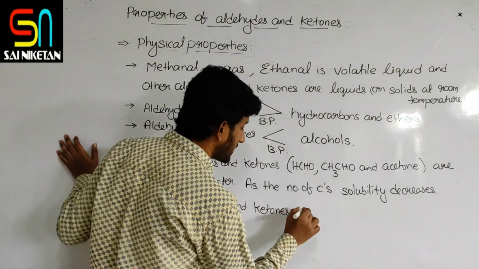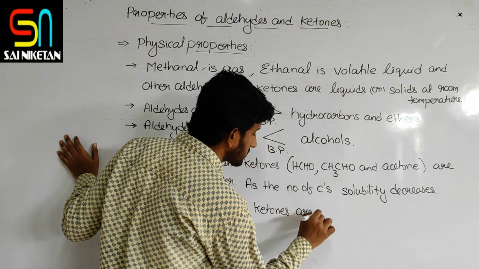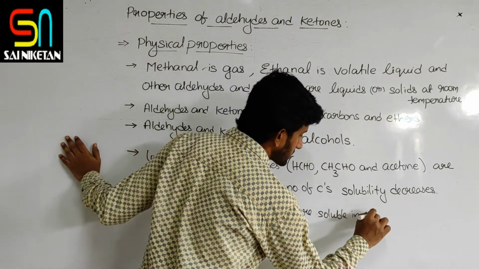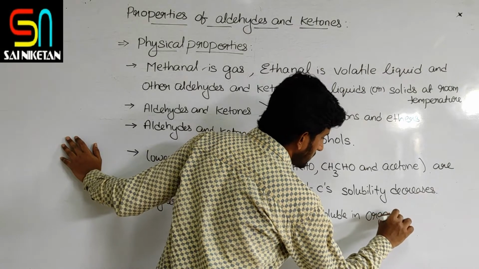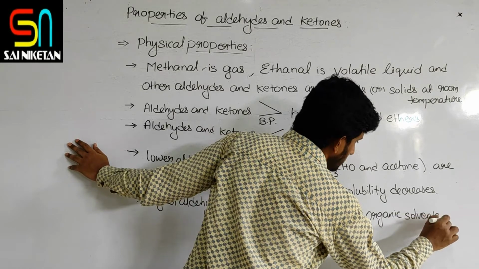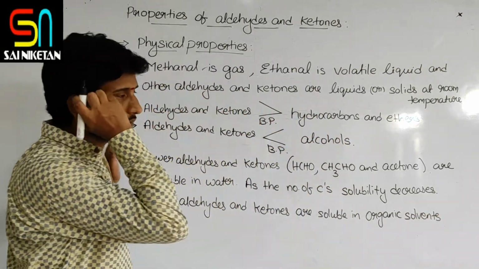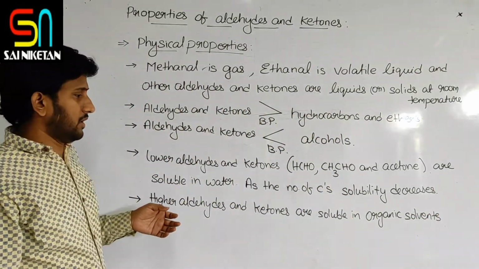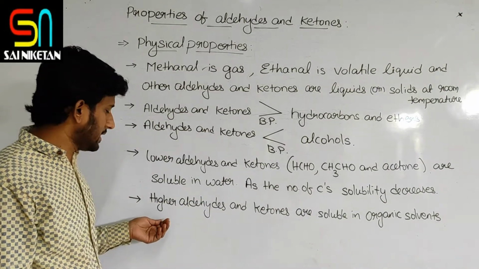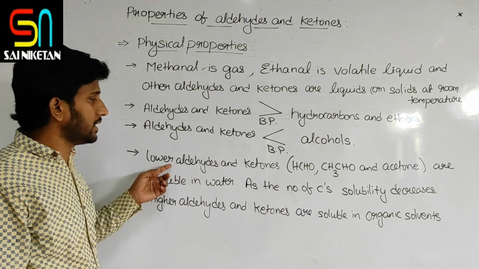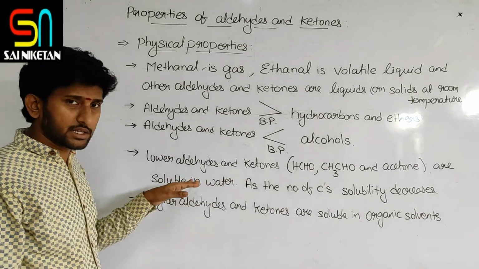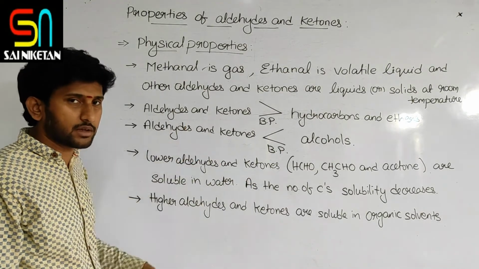Higher aldehydes and ketones are soluble in organic solvents. Now, what are organic solvents? Here you can take chloroform or CCl4 or other types of organic solvents. So, lower aldehydes are soluble in water. Higher aldehydes and ketones, they are more soluble in organic solvents.